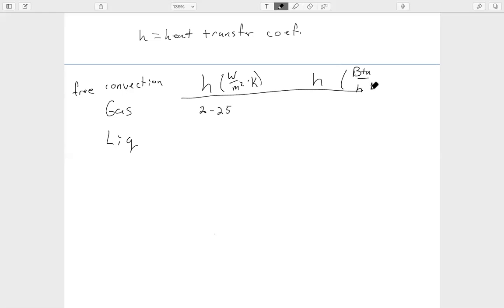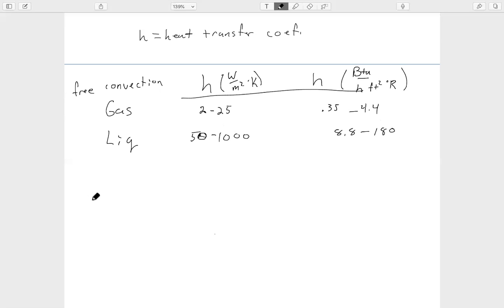Then I need feet squared because I have an area, and a temperature, and instead of Kelvin they use degrees Rankine. In these units it's 0.35 to 4.4. For liquids, these same numbers are like 50 to 1,000, and in these units 8.8 to 180.